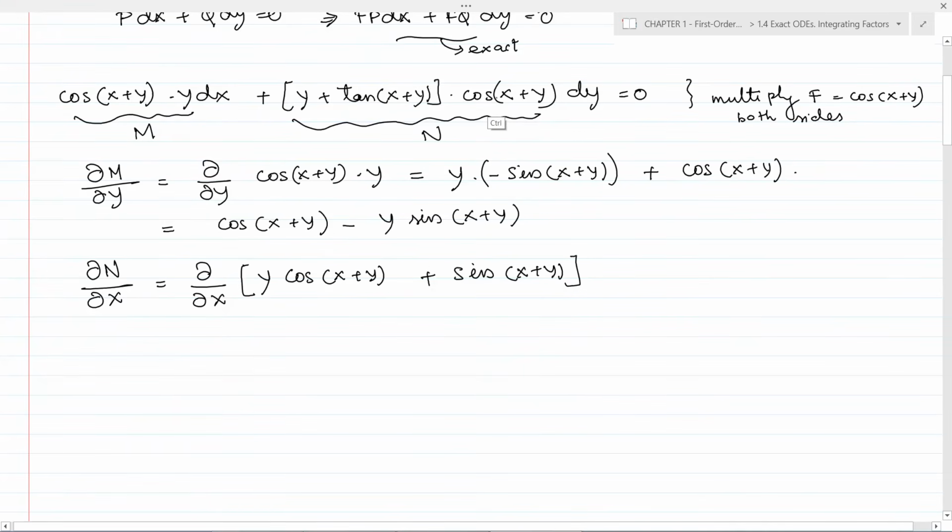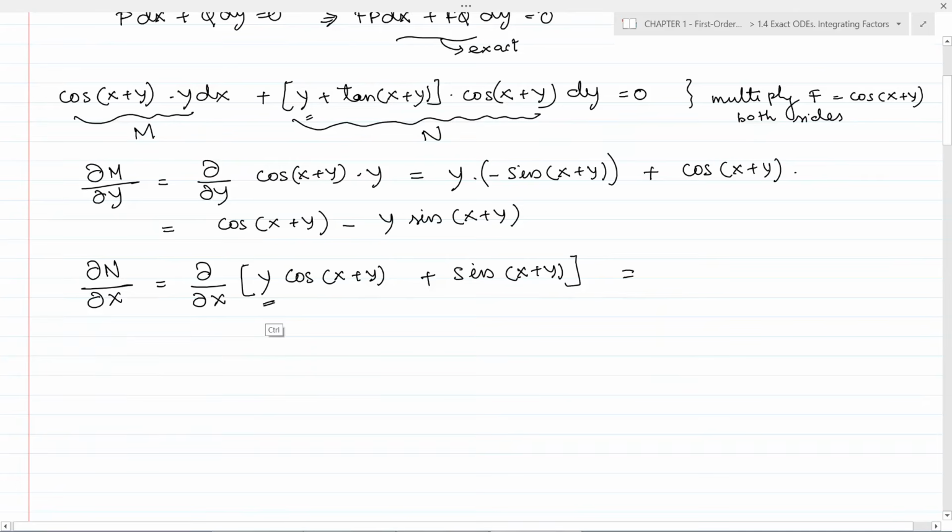We have multiplied this cos(x plus y) with y and we got y cos(x plus y), and multiplied this cos(x plus y) with tan(x plus y), which is sin(x plus y). Now, for partial differentiation with respect to x, y is a constant.